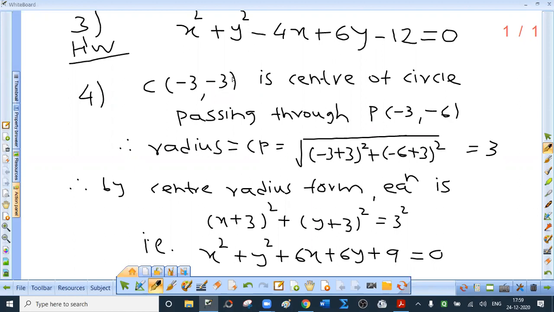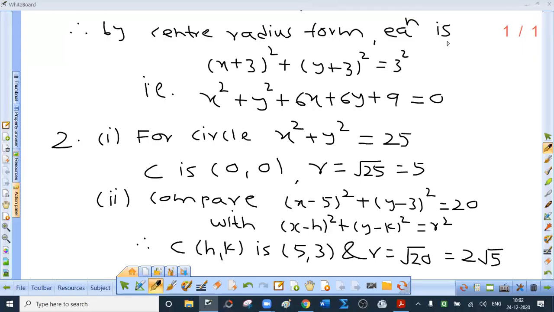So by the distance formula, get the radius. It is nothing but 3. So by center radius form, what is the equation of the circle? It is better if you first write (x minus h) square plus (y minus k) square equal to r square. Then substitute the values. So what is the final answer? x square plus y square plus 6x plus 6y plus 9 equal to 0.